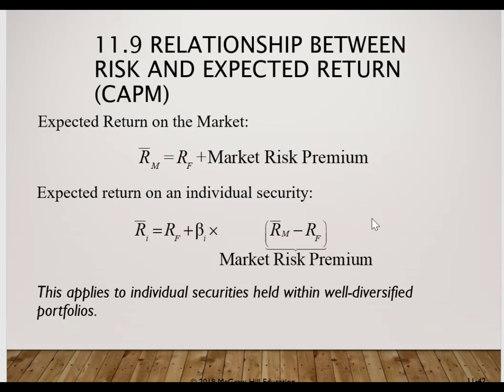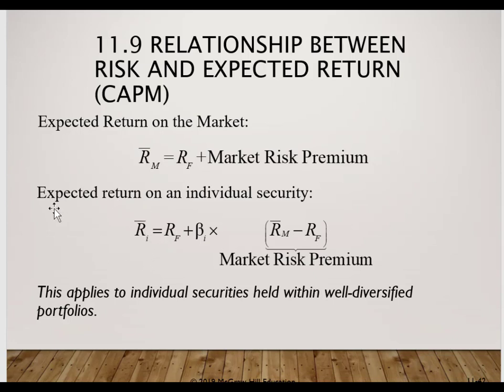Again, we've been leading into this issue so far. If you think about the return on the stock market, that's the risk-free rate of return plus a market risk premium. This market risk premium, if you remember how we calculate that, is just the return on the market minus the risk-free asset.